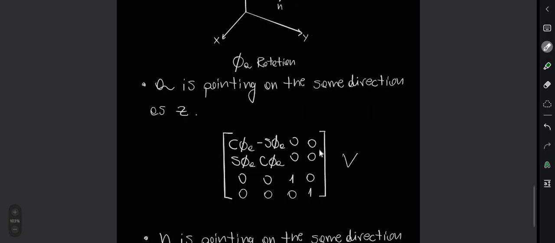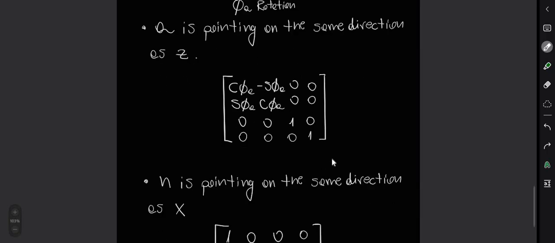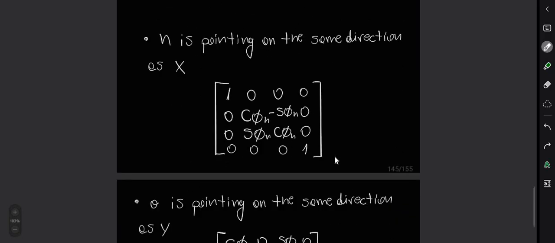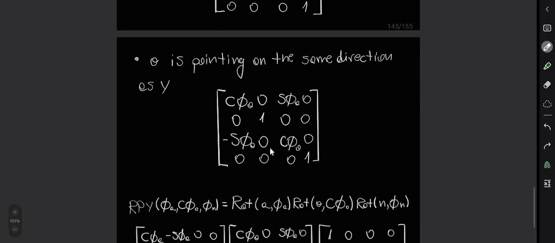This first matrix is for the angle of roll, which is about the a-axis. The second one is from the angle yaw, which is about the n-axis, and this one is from the rotation of pitch, so it is about the o-axis.